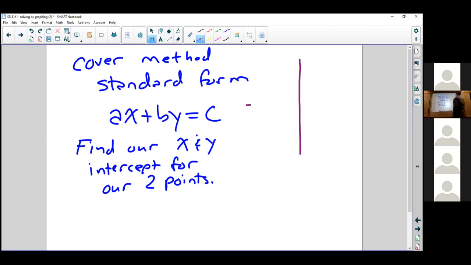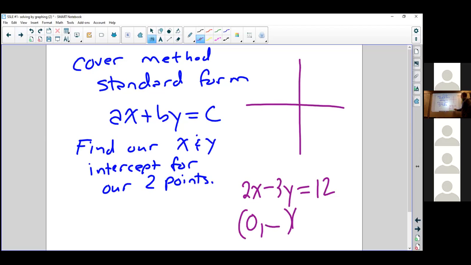If you had, say, 2x minus 3y is equal to 12, this is the one where you go 0, comma blank, and blank, comma 0. You realize that's an x value, so you cover up the x term. So -3 times what number gives me 12? That would be -4, so 0, -4 is down here.